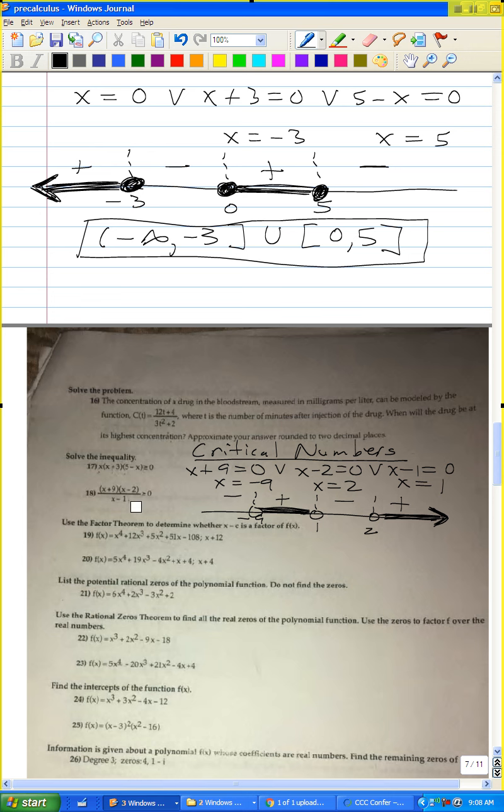I set the denominator, x minus 1, to 0. So when x is 1, I do not fill in the critical number. And so I fill in these other two critical numbers, but not the one at 1. And so for problem number, was it 18, the answer is negative 9 to 1, but not including 1, and from 2 to infinity. And that is your answer.